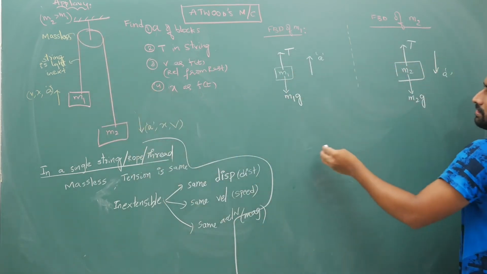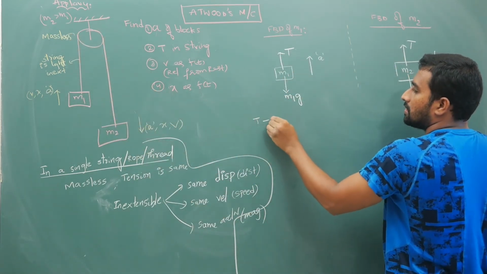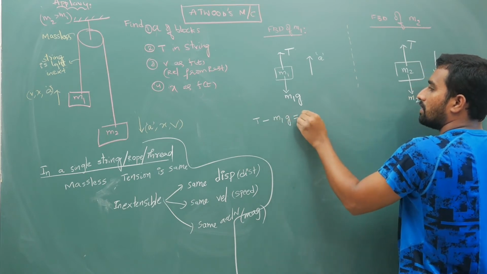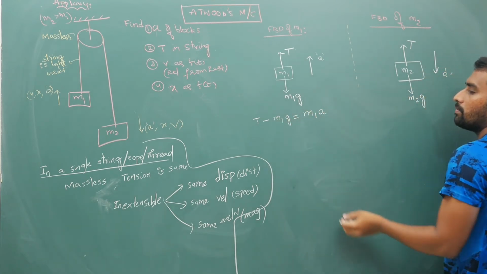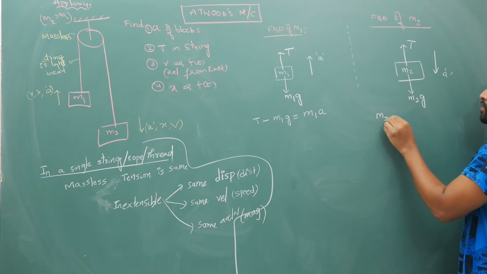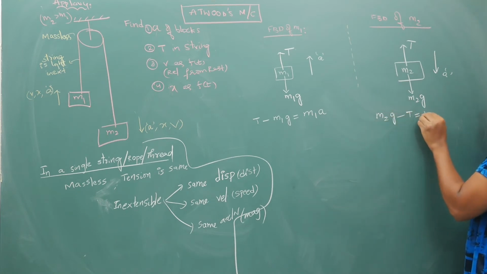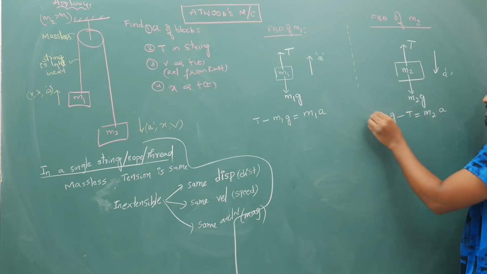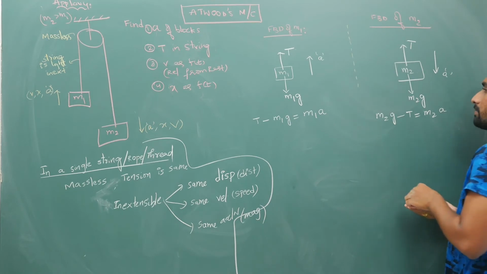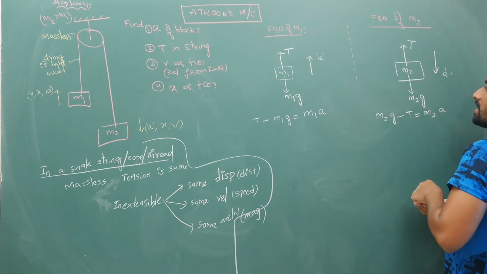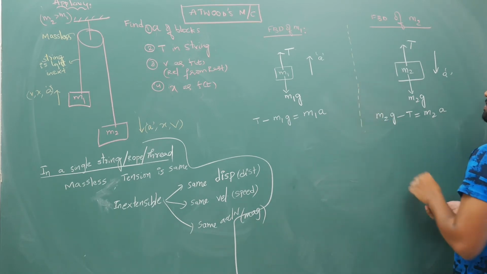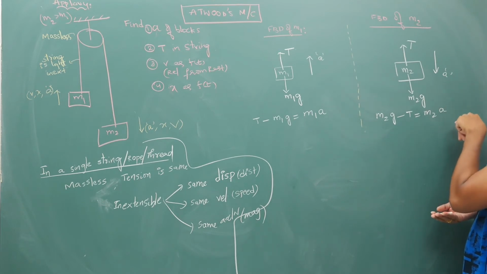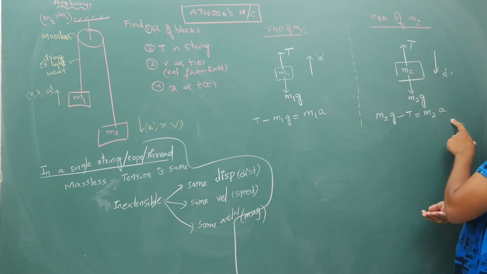So now here, what is your equation is T minus m1g is equal to m1 into A, m2g minus T is equal to m2 into A. This I am writing because in which direction I am writing, why I am writing, I will tell you. Because the body is coming downwards, downward force minus upward force equal to ma.